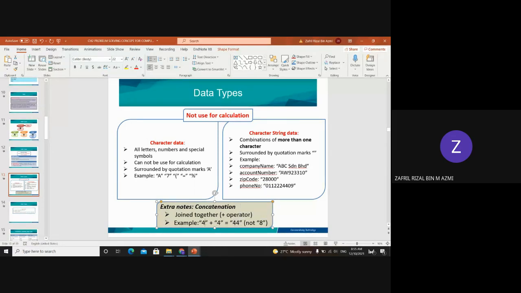This is the same as Ali plus Abu, so the answer is going to be what, guys? Ali Abu. Once you put a quote outside of a numeric value, it already becomes a character, so it will follow the characteristics of a character.